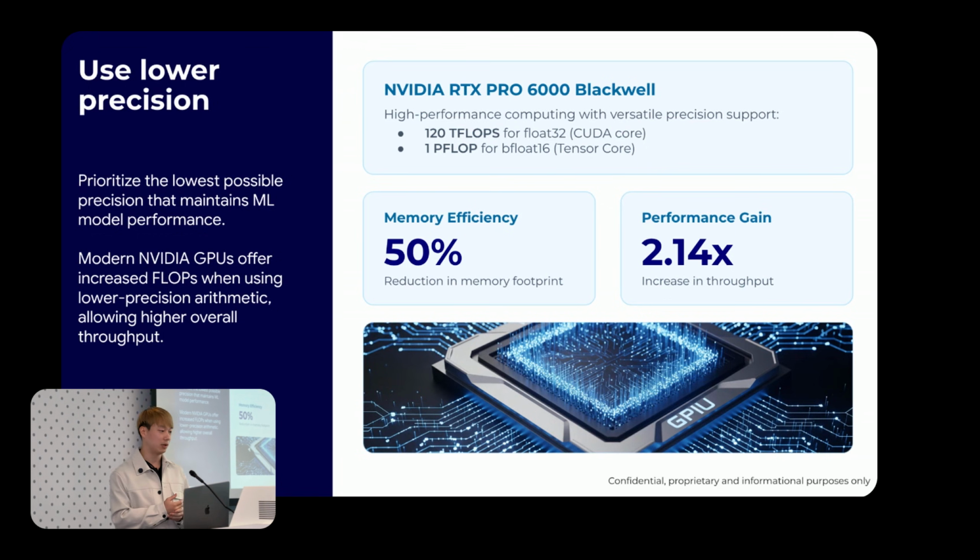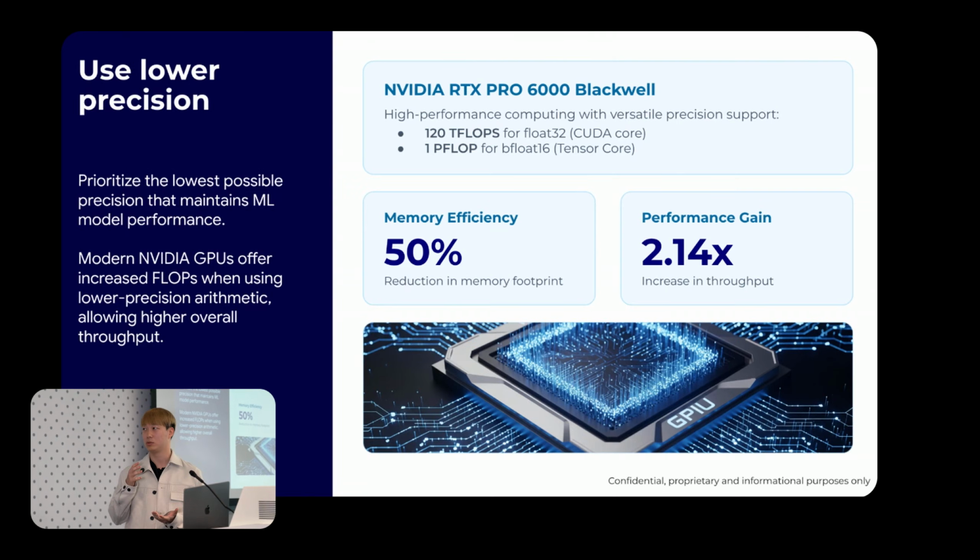So it's really beneficial for performance gain. And since this uses fewer bytes, it also gives memory efficiency, reducing it by 50%. We saw a performance gain of 2.14x throughput. So using lower precision helps a lot with increasing throughput.